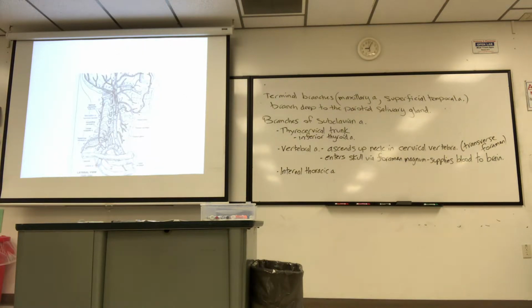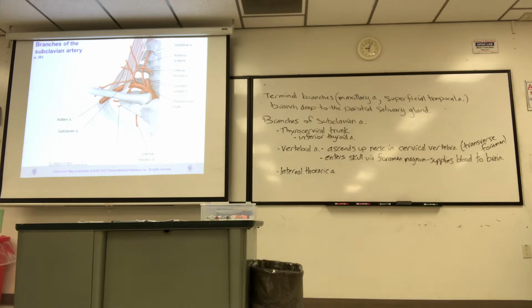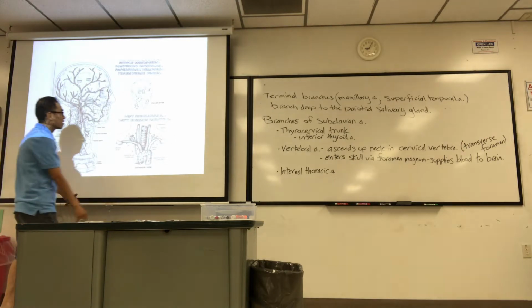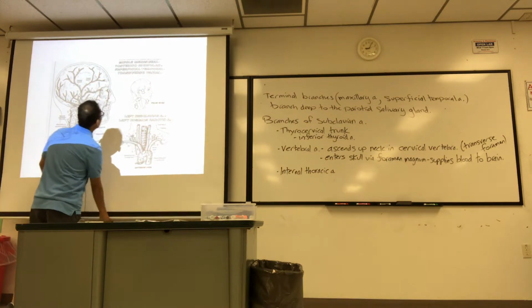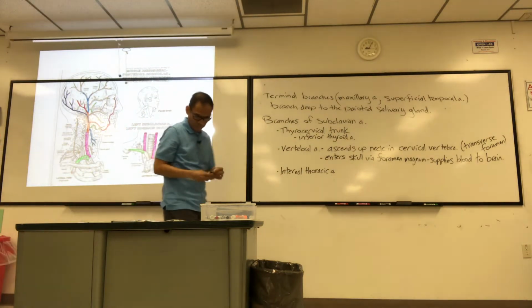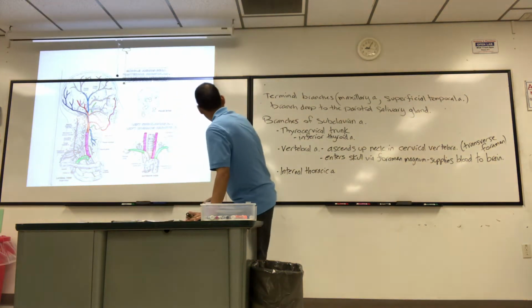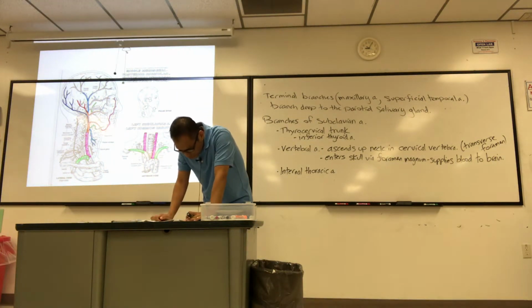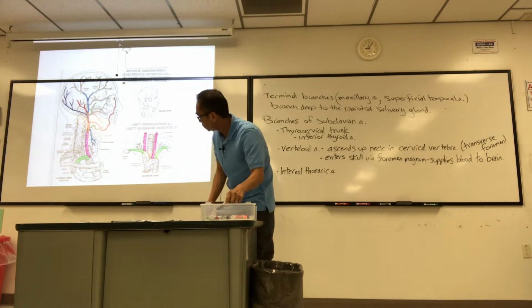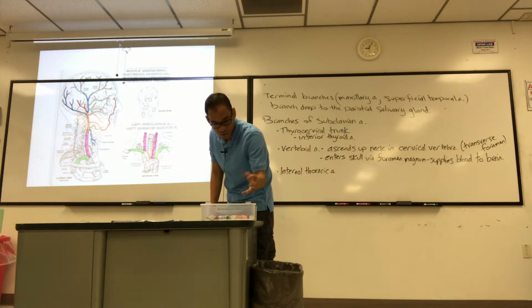So let's go back to this figure and color them in. We'll go back to this same one, because they're all shown here. So the first branch coming off was the thyrocervical trunk. That was letter E on the coloring plates. Thyrocervical trunk.